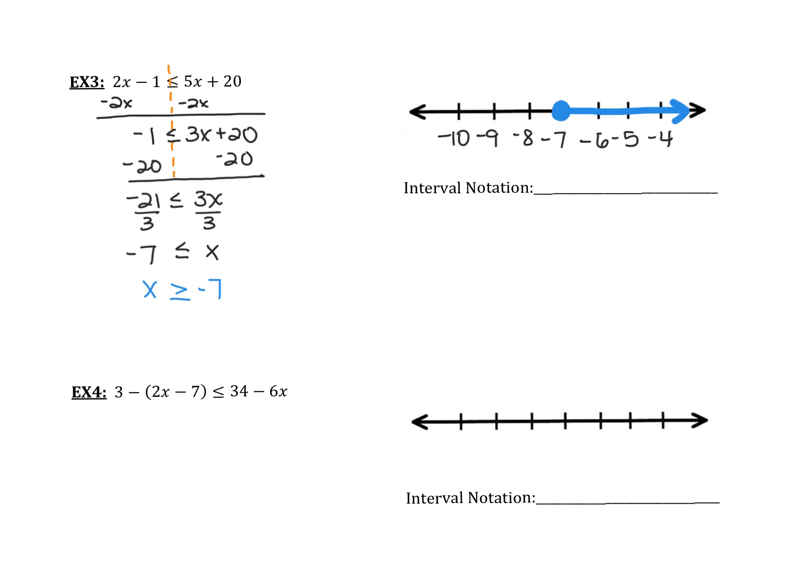And in my interval notation, my lowest possible number that I can get is -7. And the fact that there's a bracket, a closed dot, means that there has to be a bracket. And then the highest number that I could possibly get is infinity. And infinity always has parentheses.